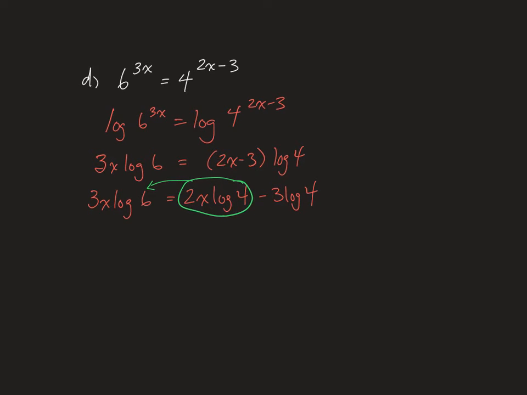And so I'm going to think about that term coming over. So to get rid of a positive 2x log 4, I need to subtract 2x log 4. And I'm left with my negative 3 log 4 on the right side.